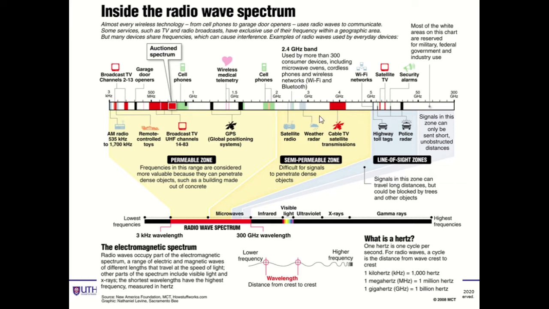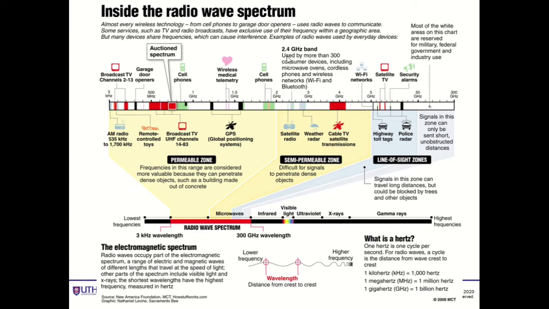Wi-Fi is usually used inside a building or a home where the range might be less than 100 meters. For the permeable zone, you can usually go more than a few kilometers, but for semi-permeable, the communication range is usually only around 100 to 300 meters.